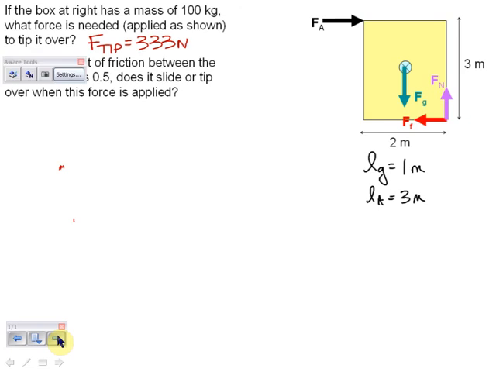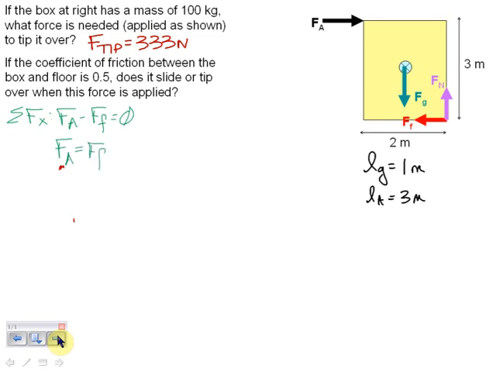To find the frictional force, we can use our normal Newton's laws equations. We can do a sum of the forces in the x direction, which is going to be our applied force minus our friction force. This is just on the verge of slipping, so we set those equal to 0, which tells us that the applied force needed to make this thing slip is equal to the maximum value of static friction.